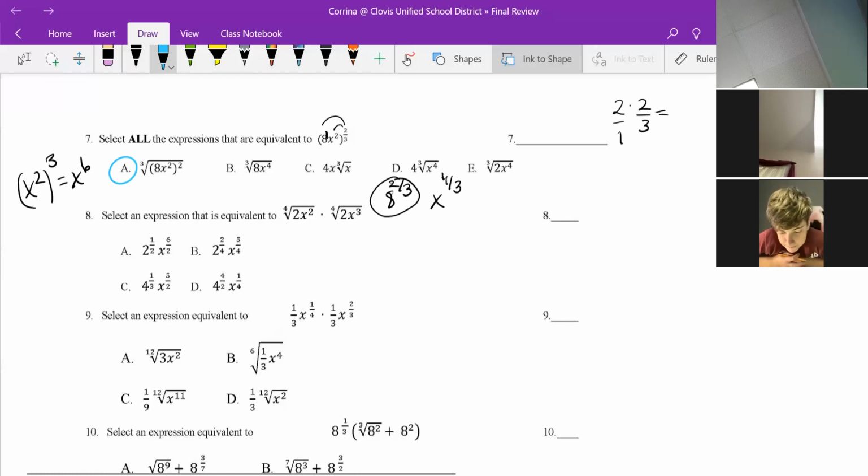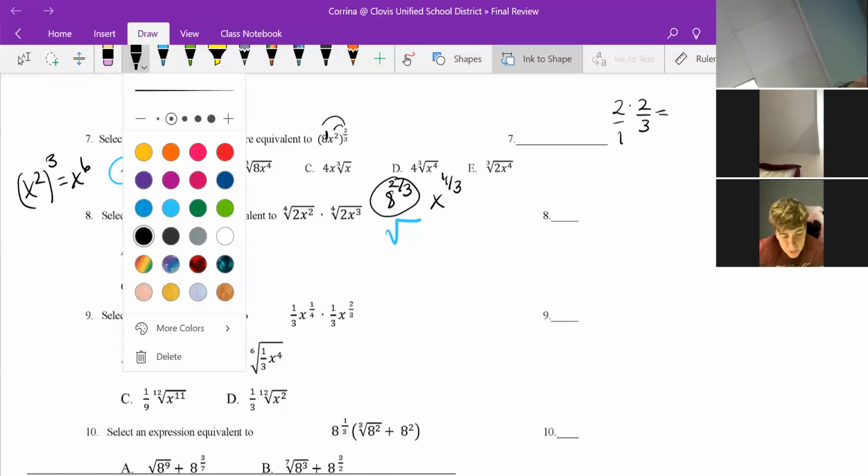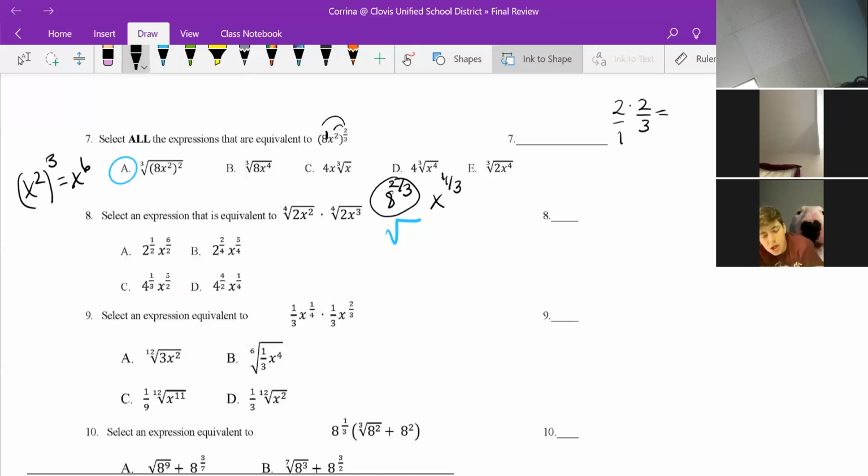And let's simplify the 8 to the 2/3. What is 8? Do you remember how to simplify that? Yeah. You make it the cube root of 8, and then square it by 2. Square it, and then a 3 here.